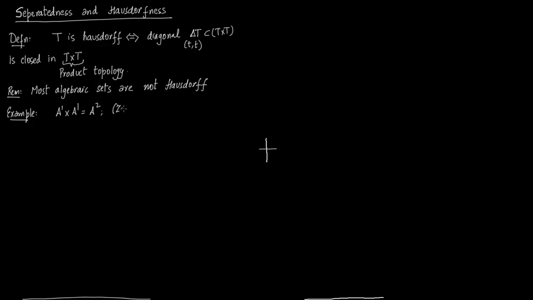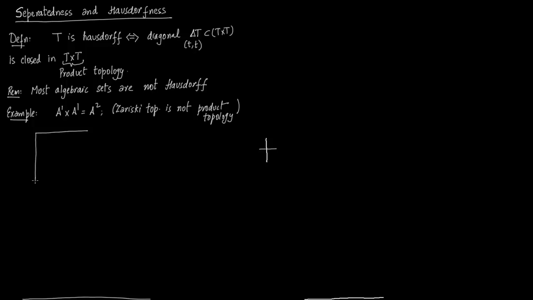We immediately have a problem even in the simplest case of A1 times A1. If you take the Zariski topology, your diagonal will not be closed. So let us see this.